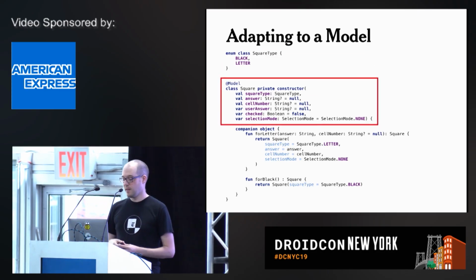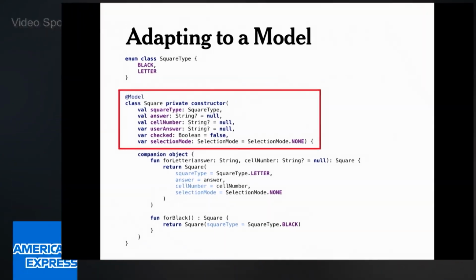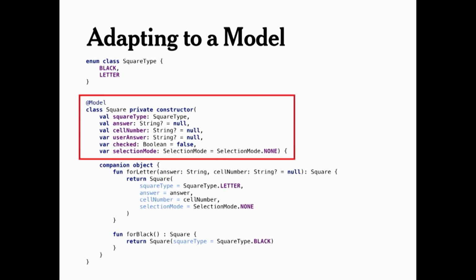I've also made a model here that takes a square type, what the actual answer for the puzzle is, the cell number if you have one, what the user has typed in to that square if you have one, whether we have requested that square be checked, and that's going to set in motion the process of striking the cell out if they have it wrong.